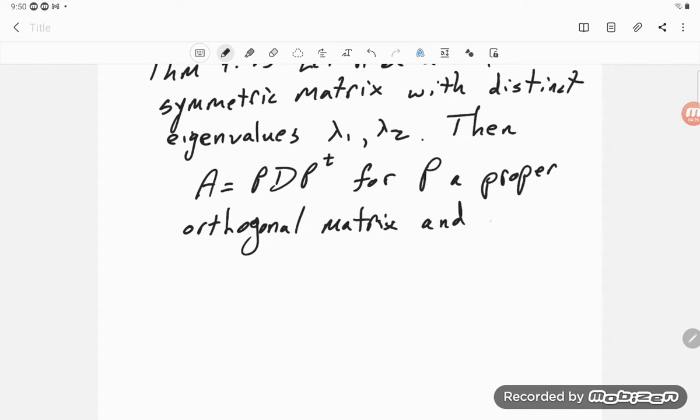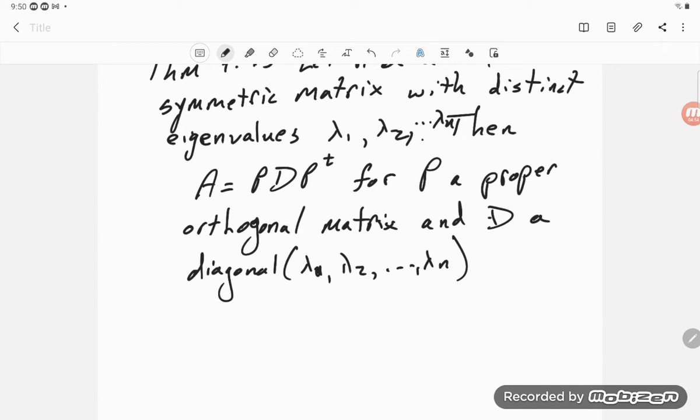Okay, so P is a proper orthogonal matrix, and D, and this should go up to lambda n for us, D a diagonal matrix of lambda 1, lambda 2, up to lambda n.